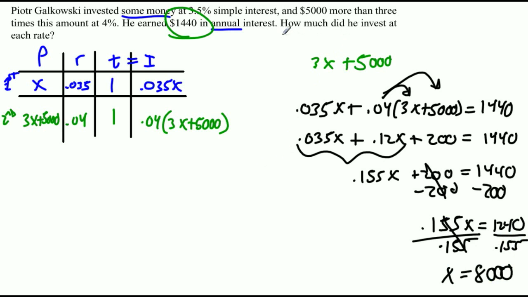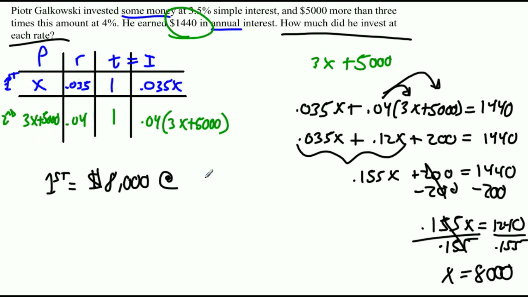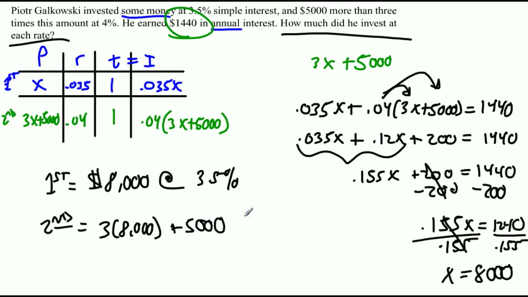And the question was, how much did he invest at each rate? So what was this principal and what was this principal? For our first investment, it was $8,000 at a rate of 3.5%. And then for the second investment, we just got to plug it in here. So it's 3 times 8,000, plus 5,000.